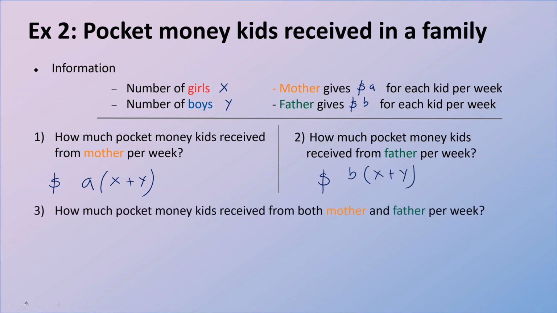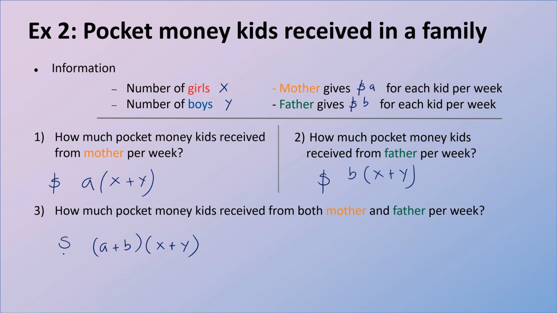Finally, how much pocket money kids received from both mother and father a week? Mother and father together give A plus B amount of money, and that's for one kid, and in the family there are x plus y amount of kids. So it should be A plus B times x plus y.